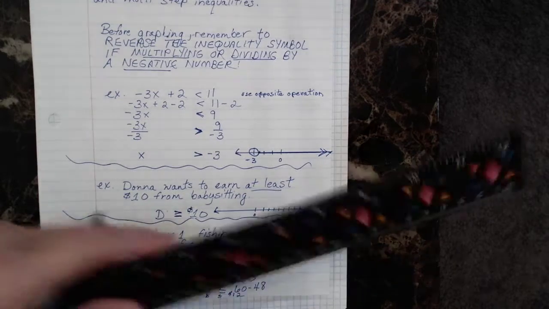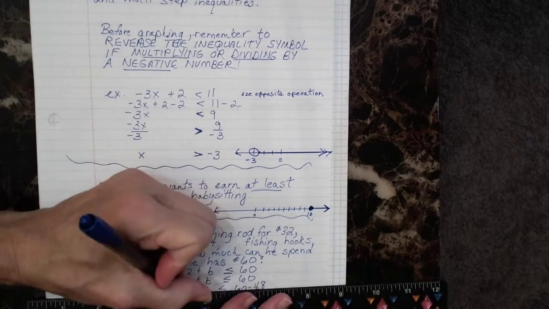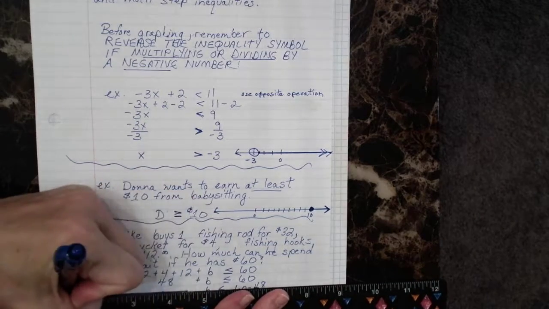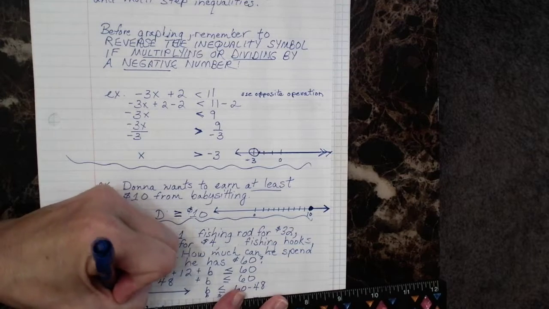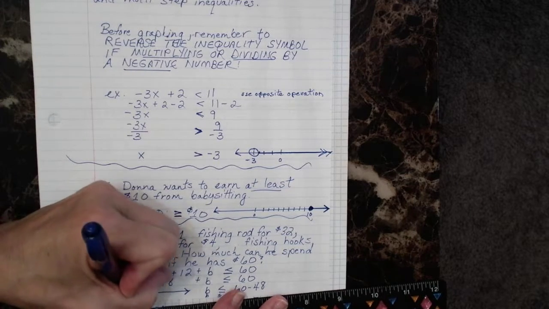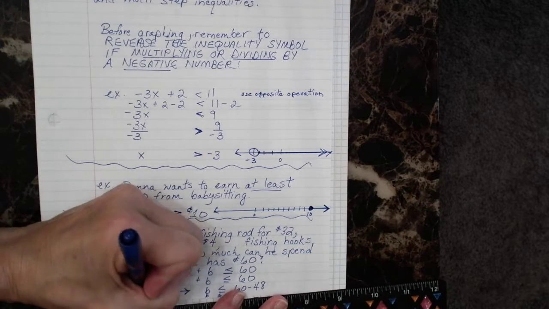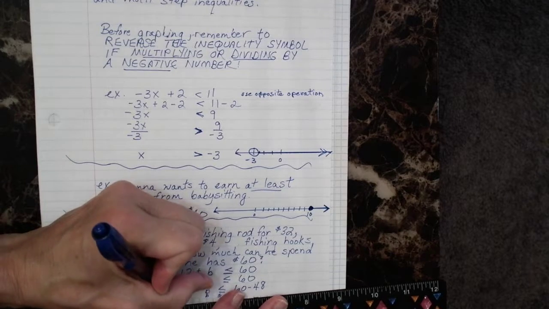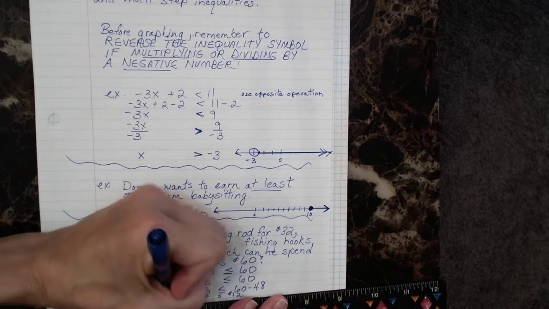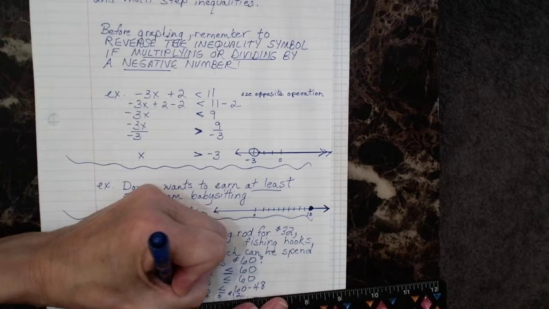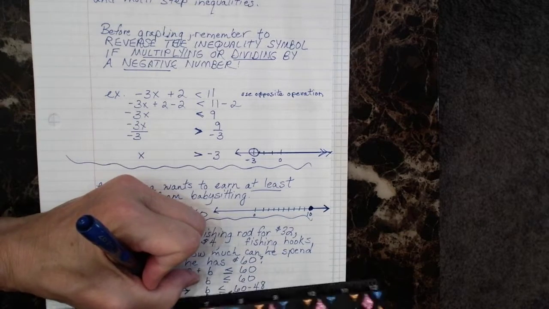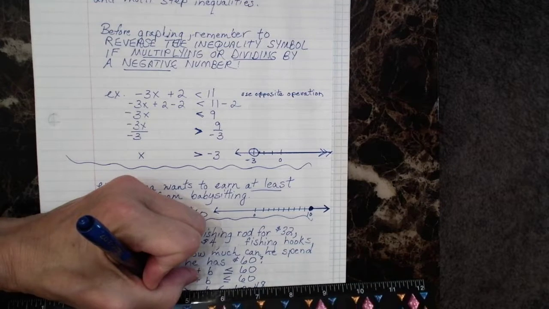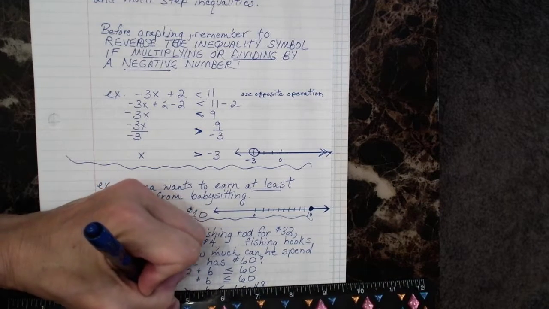So when you graph that on the number line, again, a simple sketch can show you 1, 2, 3, 4, 5, 6, 7, 8, 9, 10, 11, 12. You're going to darken in the circle at 12 because he can spend $12, or he can spend less than that all the way to 0.